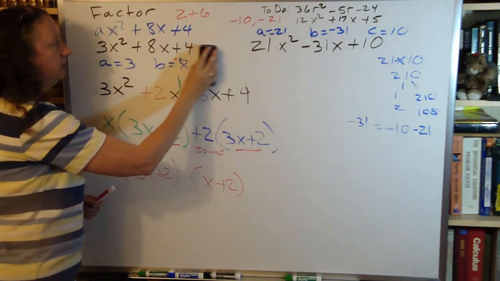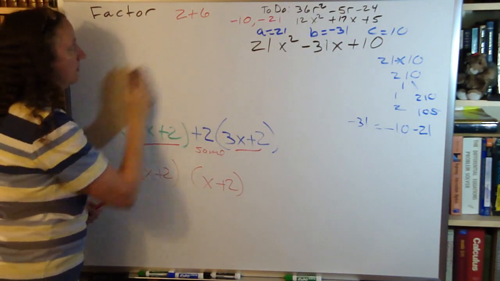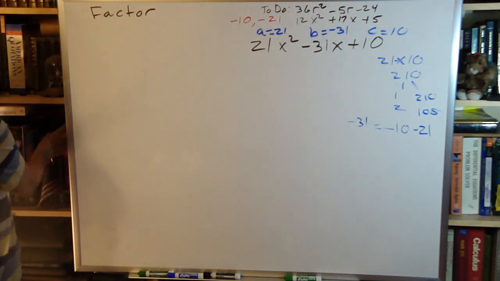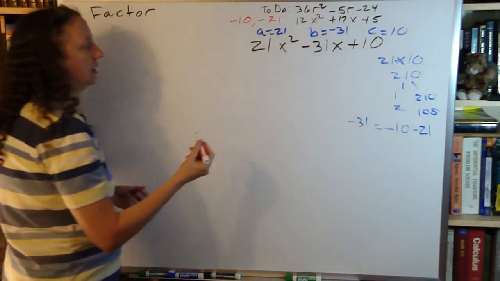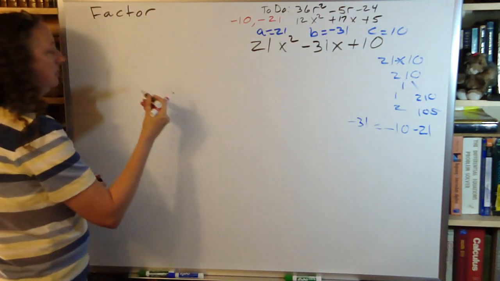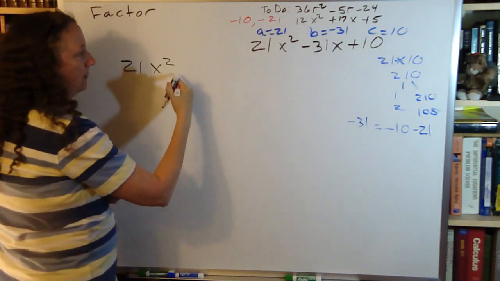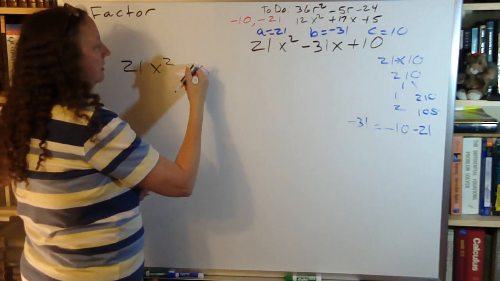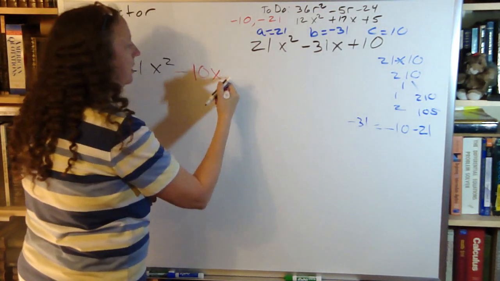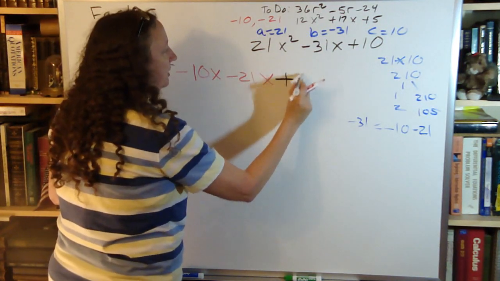I'm going to make some room. I have my 21x squared minus 10x minus 21x, and then plus 10.